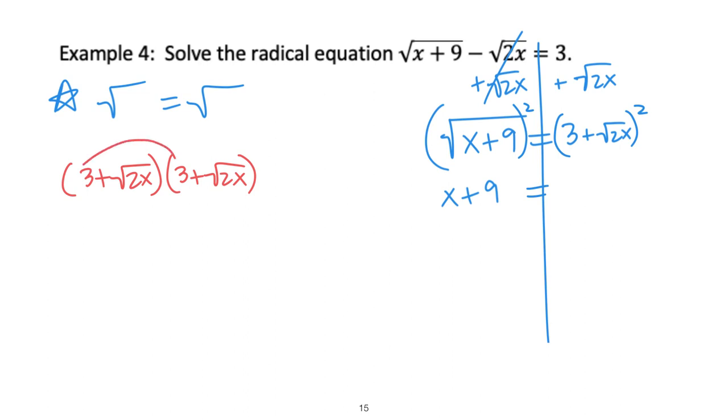3 times 3 would be 9. 3 times a root 2x would be this. Do it again. That would give us another 3 square root of 2x. And then a positive root 2x times a positive root 2x would be positive.